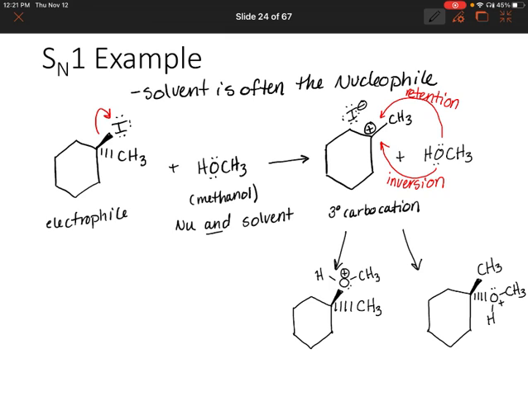But additionally, that oxygen has a positive charge too. Okay, so let's look at these two products. What is the relationship between these two products? Are they constitutional isomers, enantiomers, diastereomers, or are they identical?